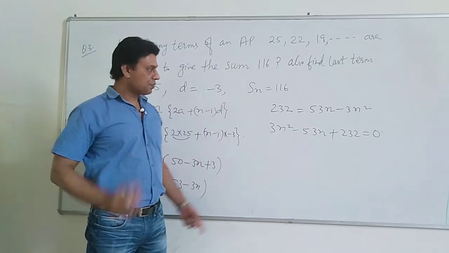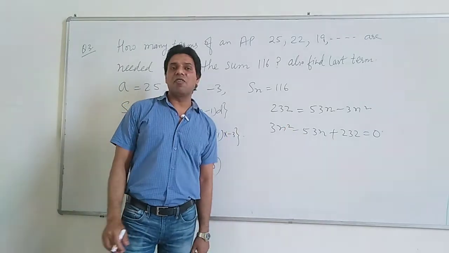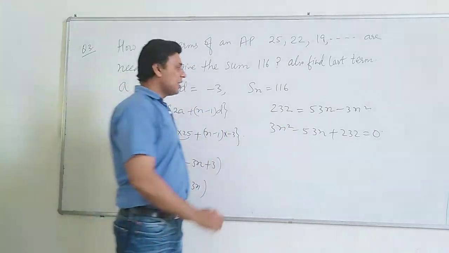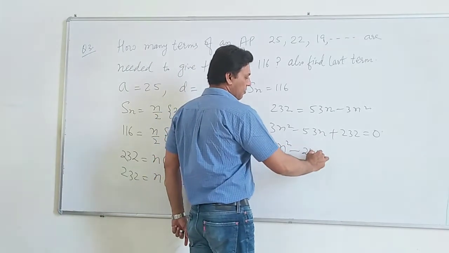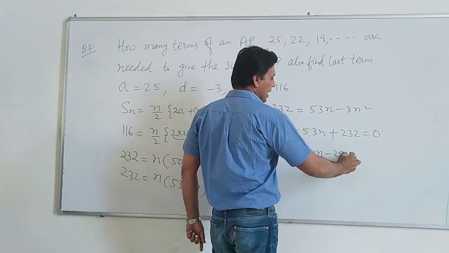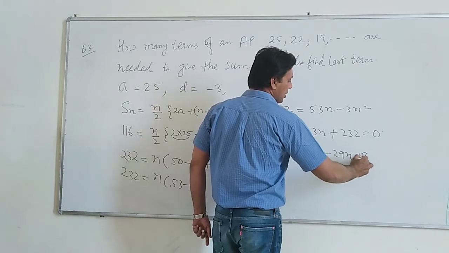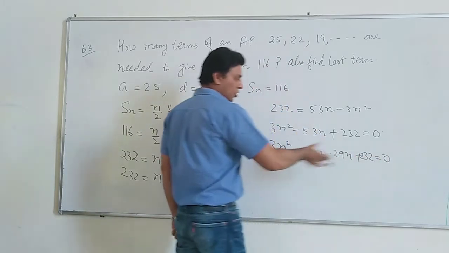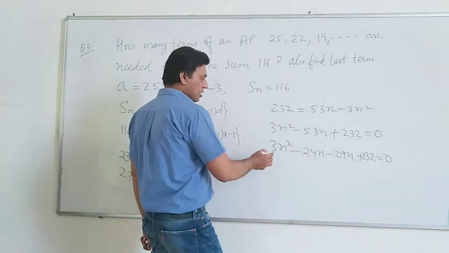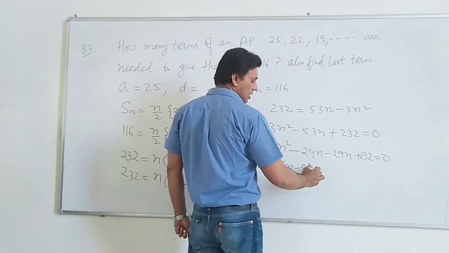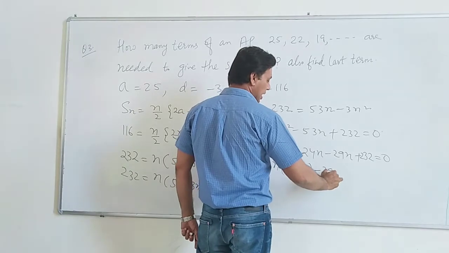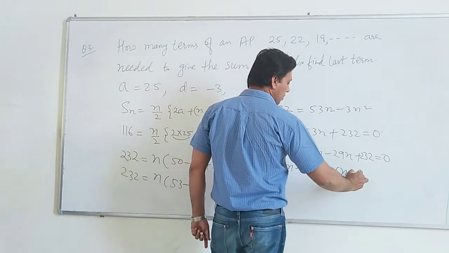Now we have to use the middle term formula because we have a quadratic equation. So we can write it like 3n square minus 24n minus 29n plus 232 equal to 0. You know how to solve a quadratic equation. Now we can take 3n common, so n minus 8, then minus 29 common, so you will have n minus 8.